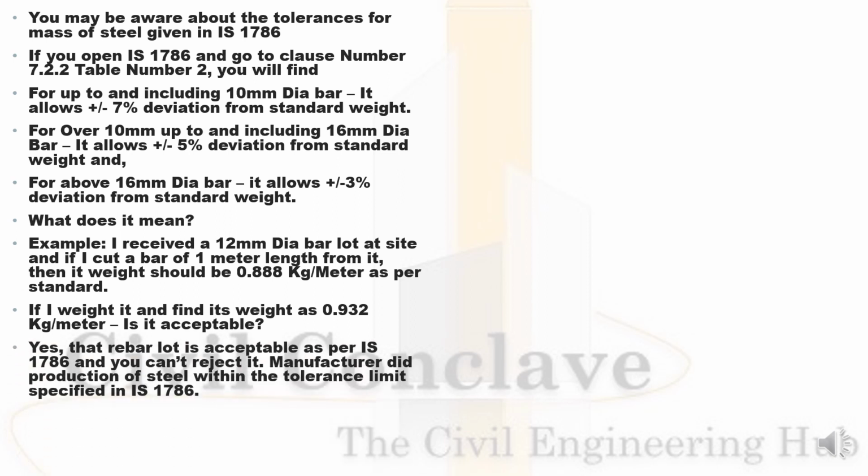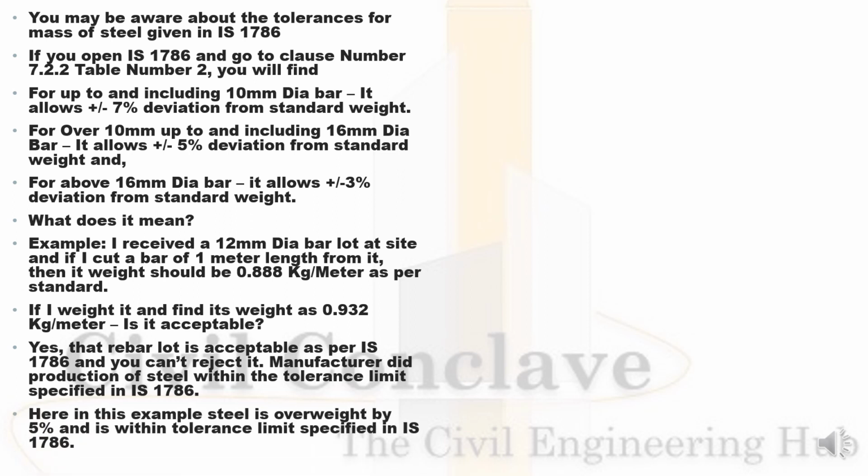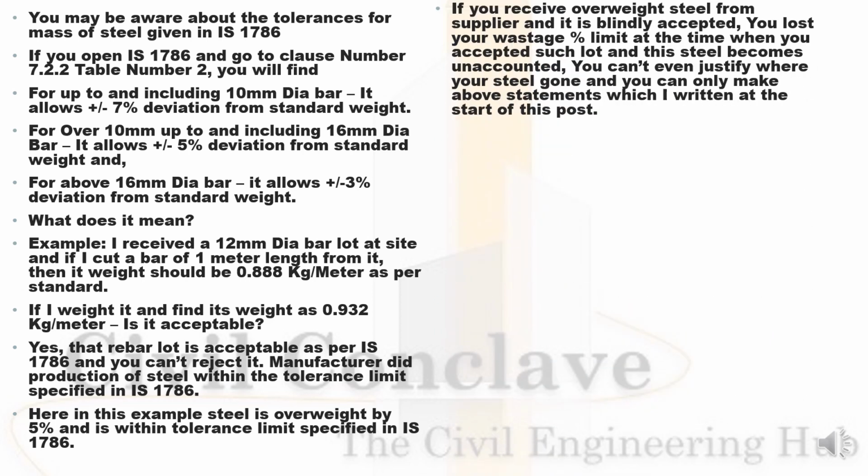The rebar lot is acceptable as per IS 1786 and you can't reject it. It is manufactured production of steel within the tolerance limit as specified in IS 1786. Here in this example, the steel is overweight by 5% and is within the tolerance limit specified by IS 1786.